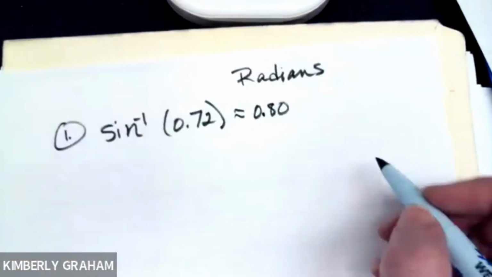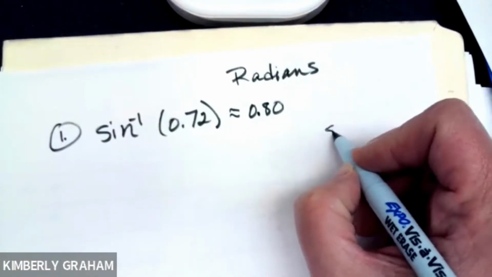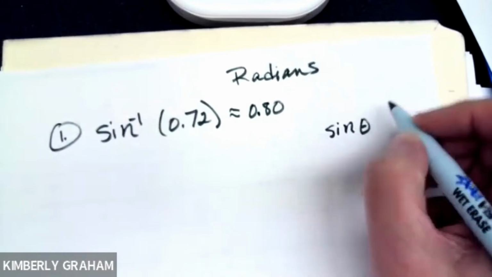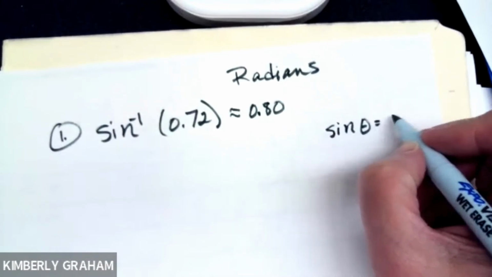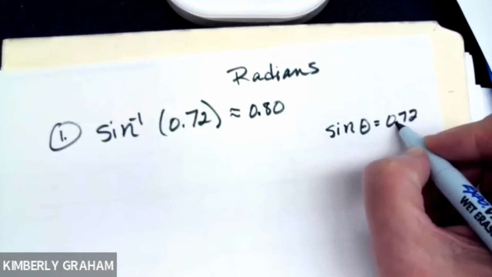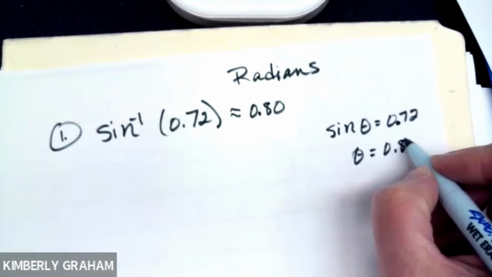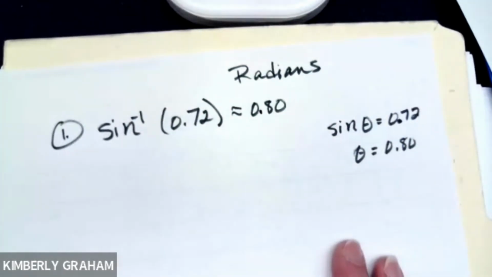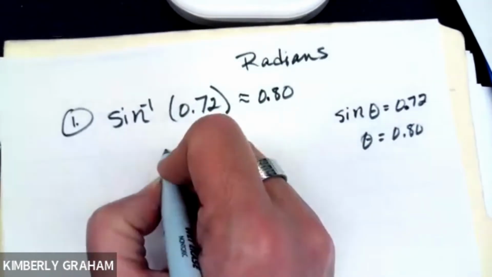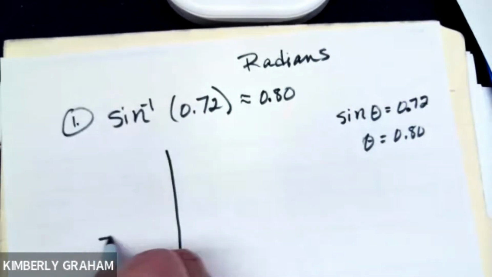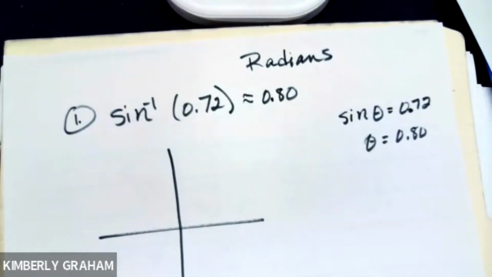What you're doing here is saying sine of some angle theta is 0.72. What is that angle theta? Well, that angle theta is going to be 0.80, if I am looking at this on my graph of the restricted function.